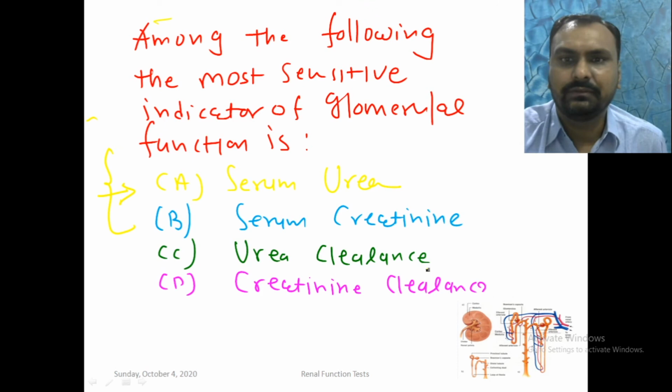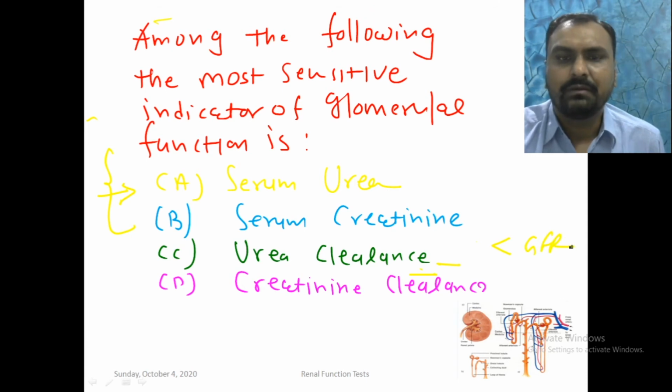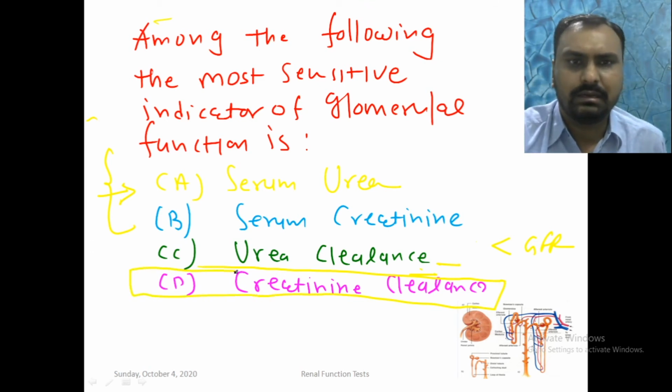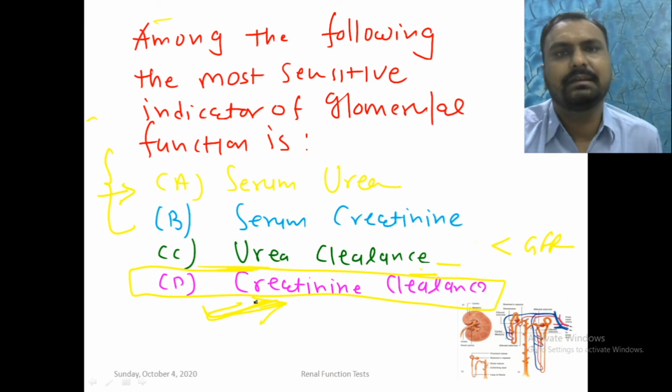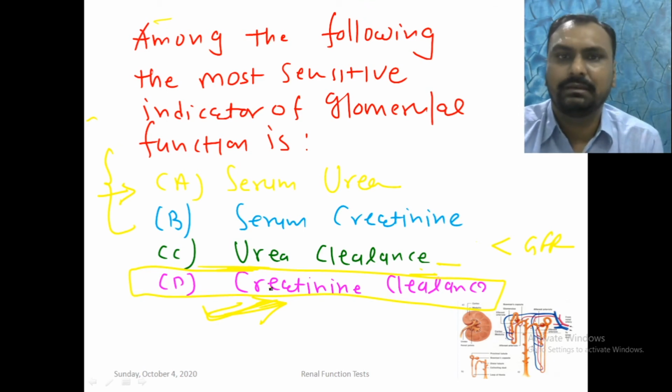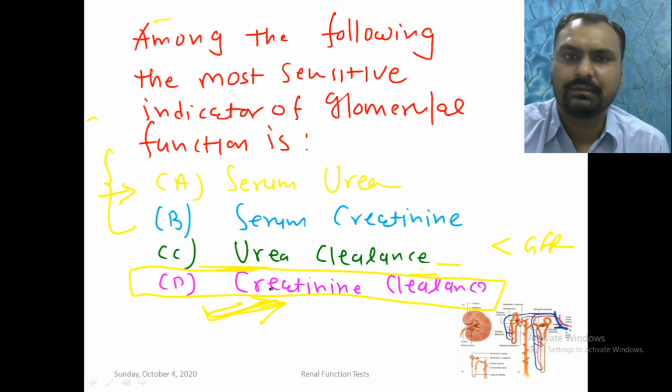Urea is reabsorbed, so urea clearance is less than the GFR. While creatinine clearance is about 10% overestimated, it is not reabsorbed, so the best answer is creatinine clearance. As such, we have to measure inulin clearance, but as it has to be given intravenously, the endogenous clearance test is creatinine clearance, right?